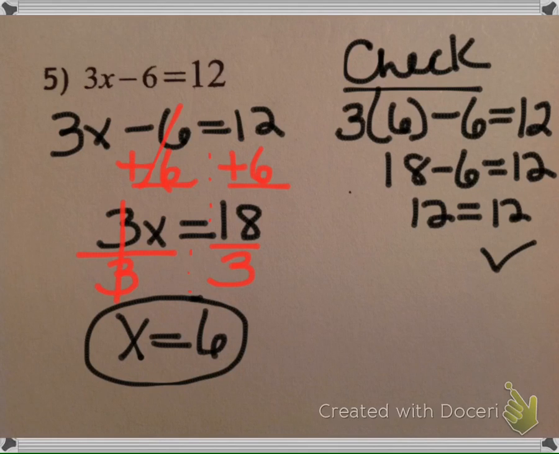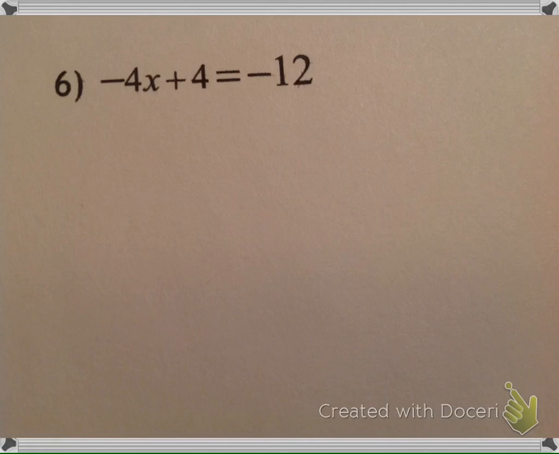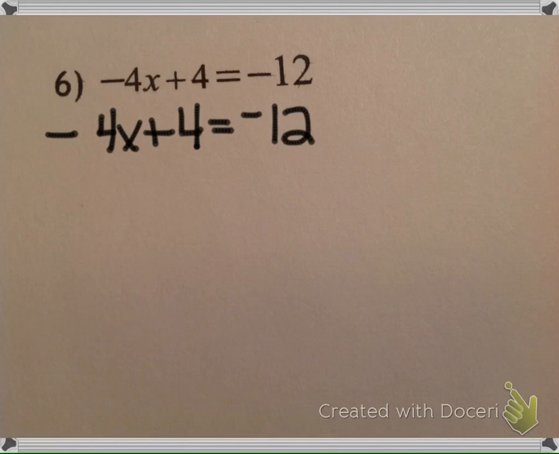Okay, number 6. We have -4x plus 4 equals -12.